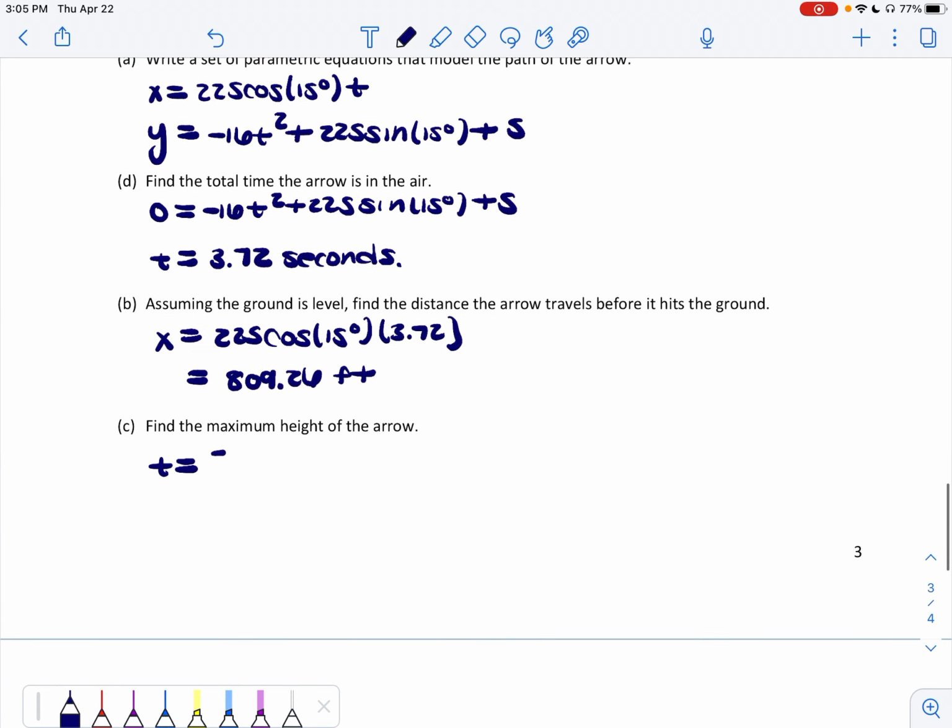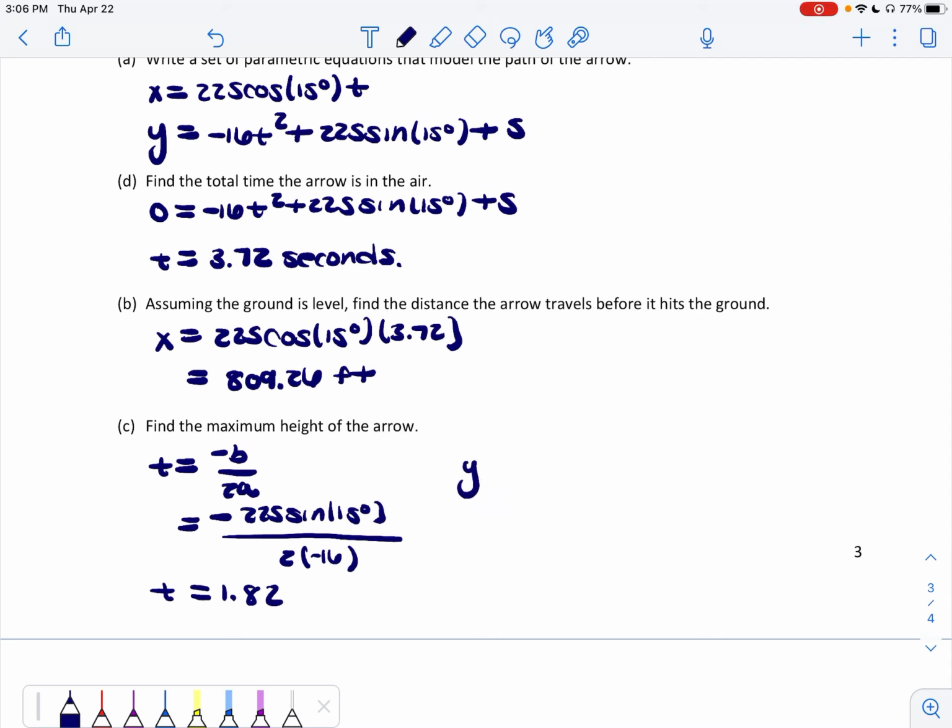So negative b over 2a, we'll have negative 225 sine of 15 degrees over 2 times negative 16. And if we plug that into our calculator, we get 1.82 seconds. And then plug that into t in our y equation.